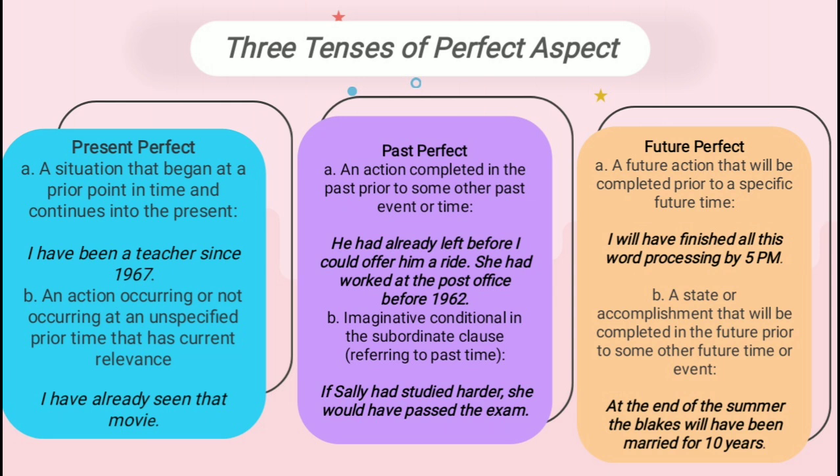She had worked at the post office before 1962. Letter B, imaginative conditional in the subordinate clause referring to the past time. If Sally had studied harder, she would have passed the exam. So referring siya to the past time.